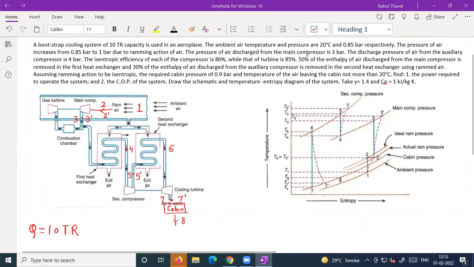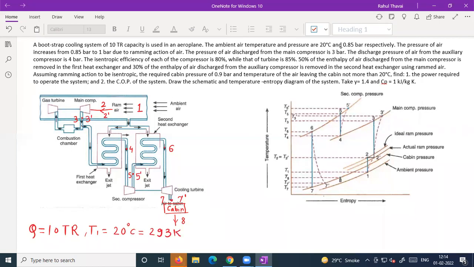The ambient air temperature and pressure are 20 degrees Celsius and 0.85 bar. So the temperature T1 is given as 20 degrees Celsius. Ambient is condition 1, where we have a temperature of 20 degrees Celsius, that is 20 plus 273, which is 293 Kelvin.